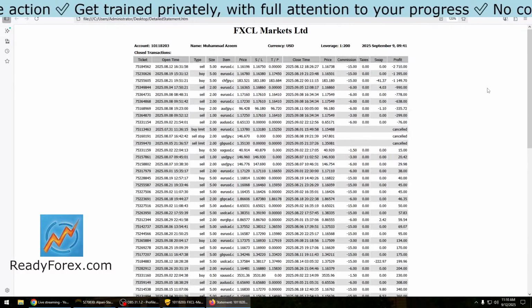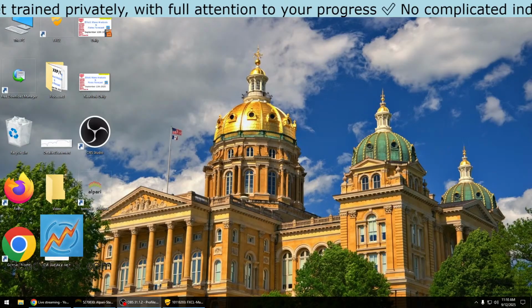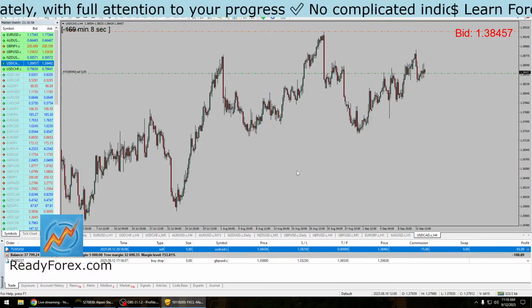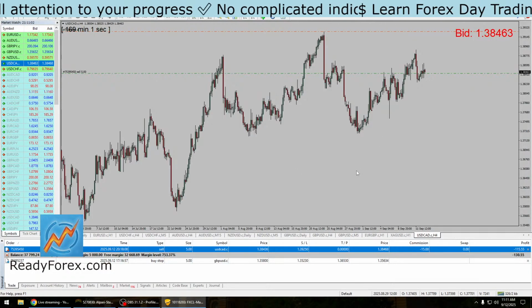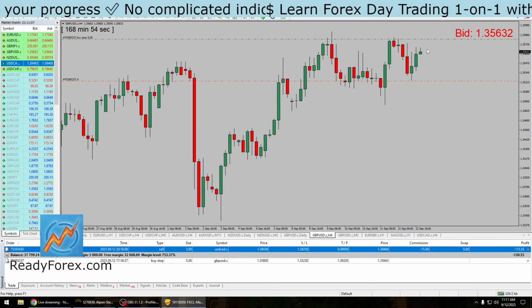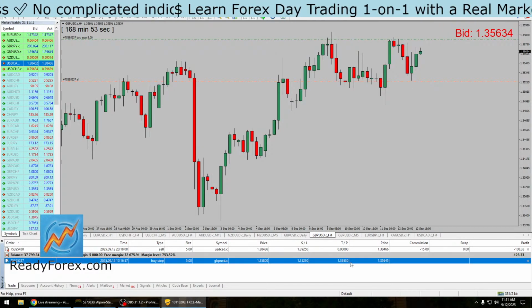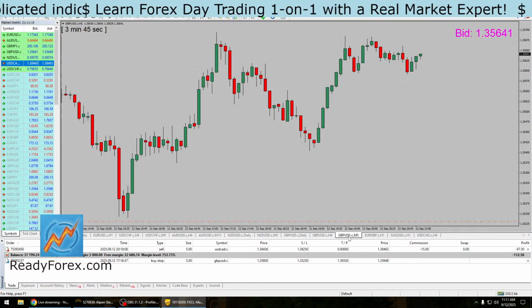Okay, let me go back up over here. So right now the trade in US dollar CAD is currently open. This is a sell in USDCAD. I'm also looking for a bullish breakout in pound dollar currency pair, but this is a pending order down over here, so still waiting for the market to fill it.